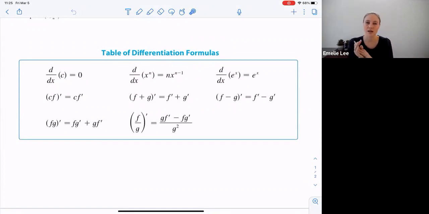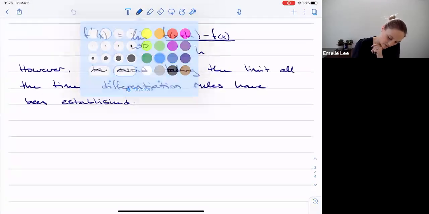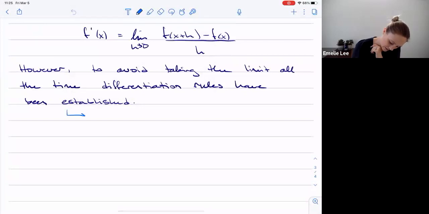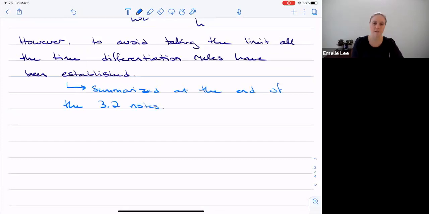So they're all summarized at the end of the 3.2 notes. Okay, just as a heads up, because otherwise it can feel like, oh, there's all these rules and they're everywhere, but don't worry, they're all kept together there.